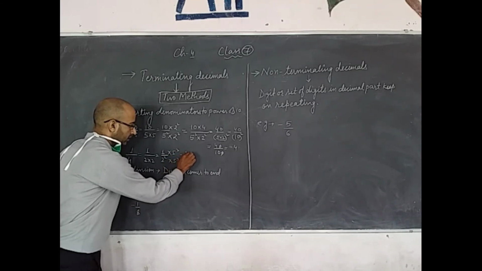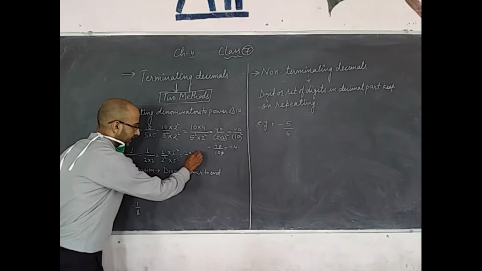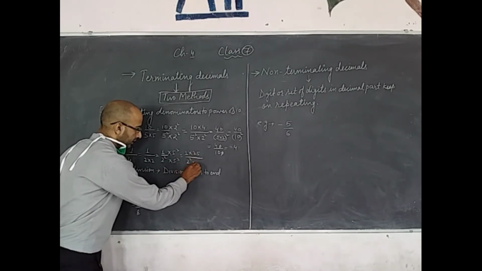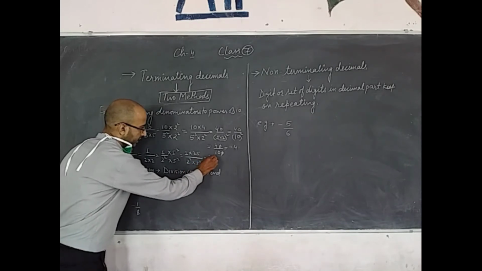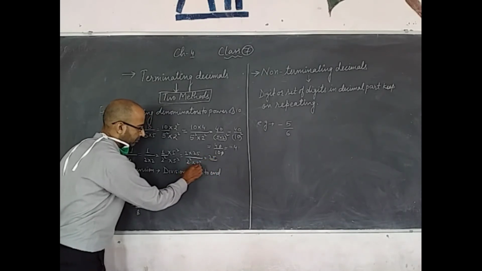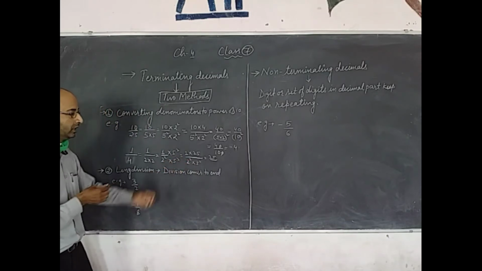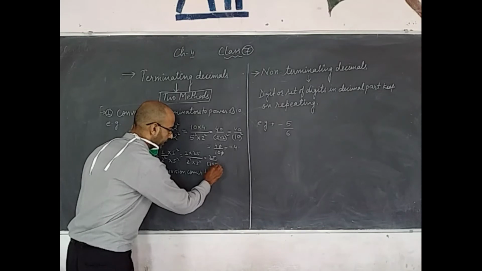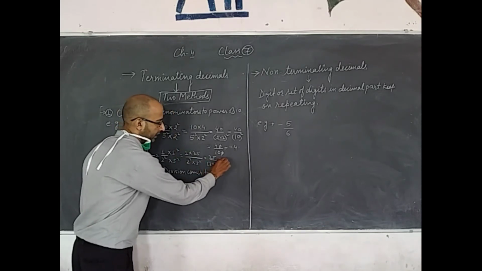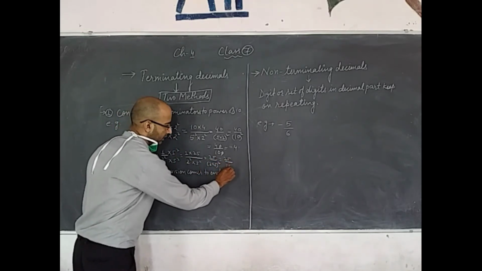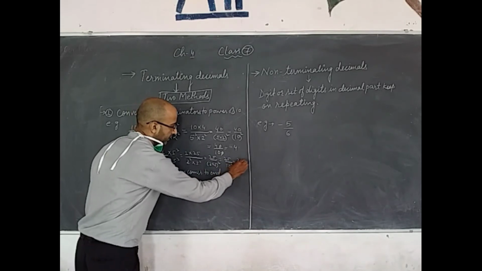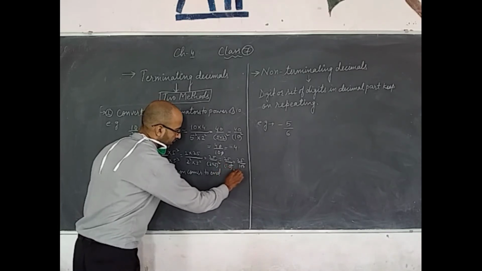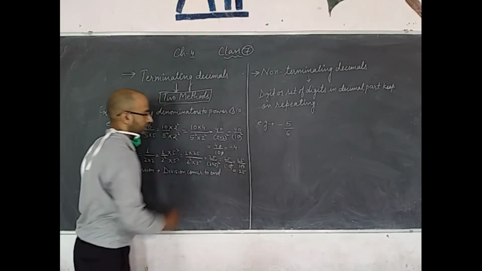Now 1 multiplied by 25 is 25, and in the denominator 2 square into 5 square. Again the bases are different but the powers are same, so according to the law of exponents, we multiply the bases in a bracket and put the power one time. Here 25 upon 10 square gives you 25 upon 100, and it will give you 0.25.